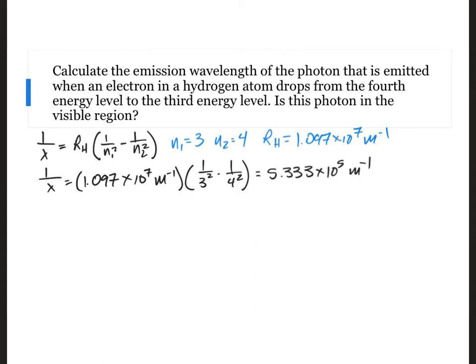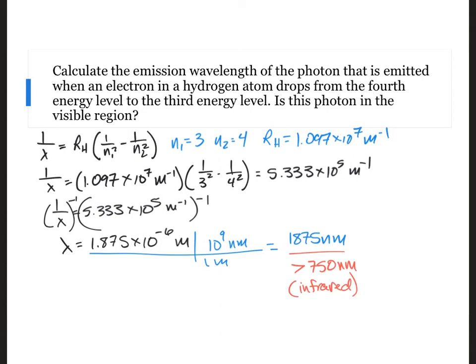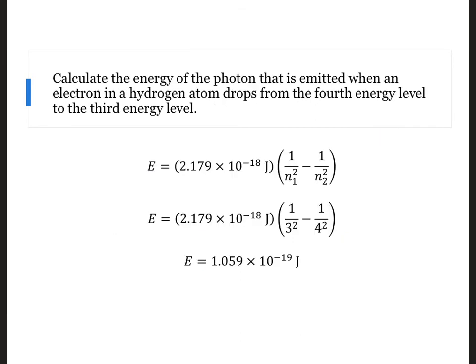We're not quite done yet, so we'll take the reciprocal to get lambda equals 1.875 times 10 to the negative 6th meters, which we convert to nanometers. 1,875 nanometers is a longer wavelength than the 750 nanometer cutoff for visible light, so this means our light is in the infrared region.